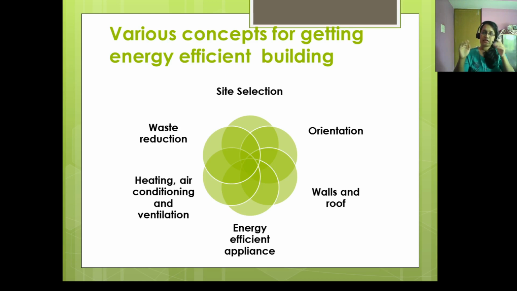These well designed buildings help to reduce the amount of waste generated by the occupants as well by providing on-site solutions. What are these on-site solutions? Such as compost bins, to reduce the matter which is going to the landfills. So these are the various concepts for getting energy efficient buildings.